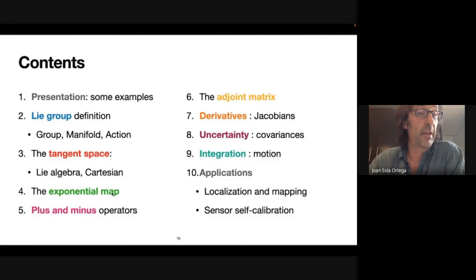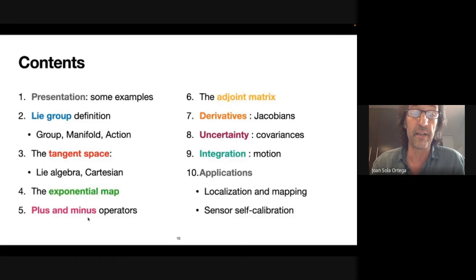Well, it's actually quite simple to show what it is. The inverse of the exponential map is the logarithmic map, also very useful. Then I will present a couple of operators that I call plus and minus, that are shortcuts englobing a number of operations in the groups. You put this number of operations together and you define the operators plus and minus.